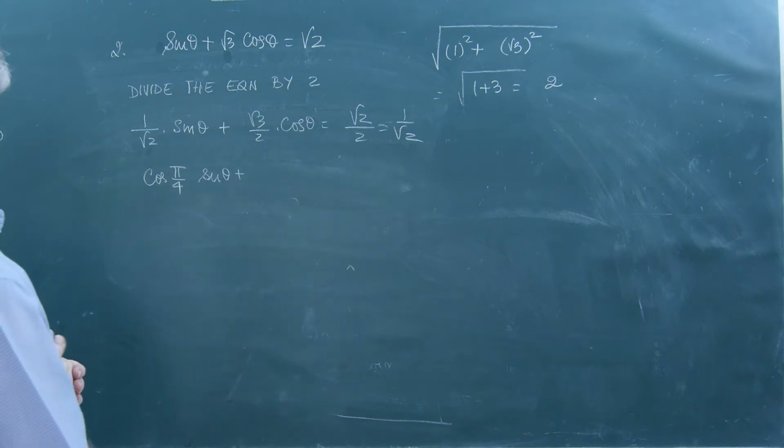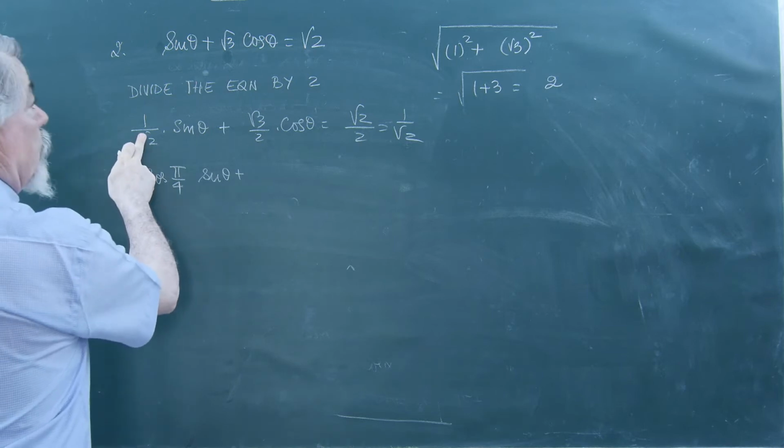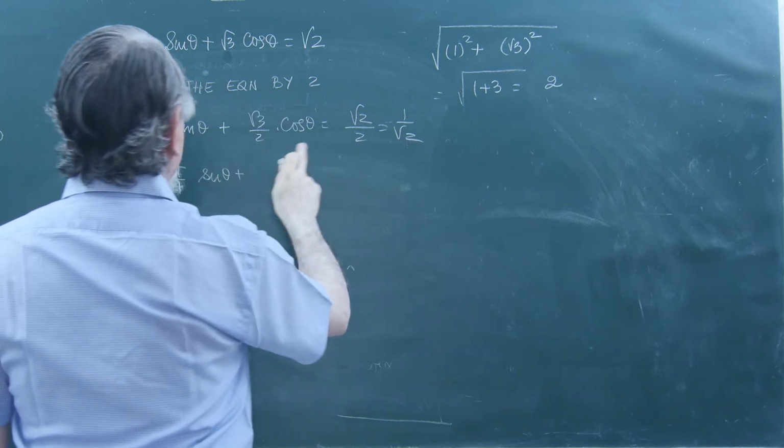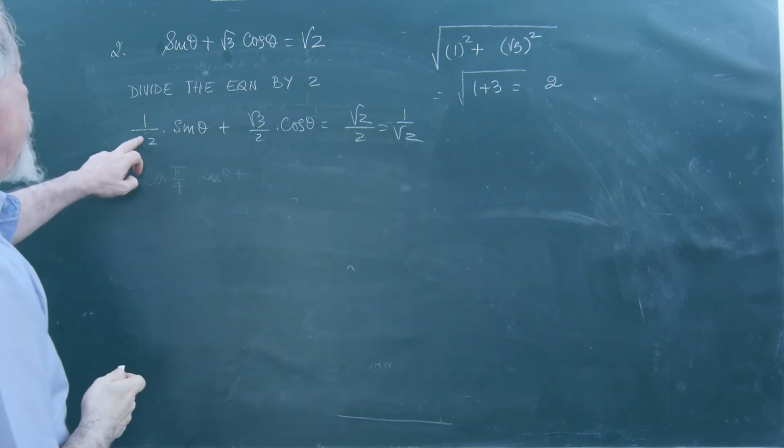I am dividing it: sine theta plus root 3, 1 whole square, root 3 whole square, 1 plus 3, 4. I am dividing by 2, not by root 2, where it is not root 2. That is why the value is coming wrong here. I am dividing by 2.